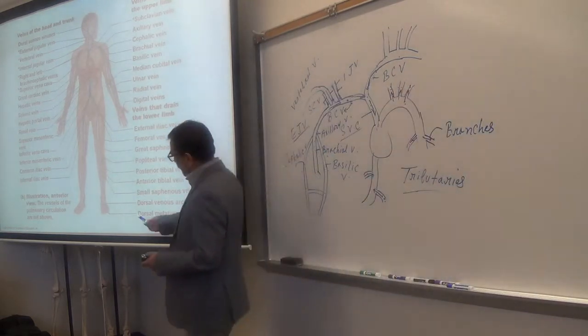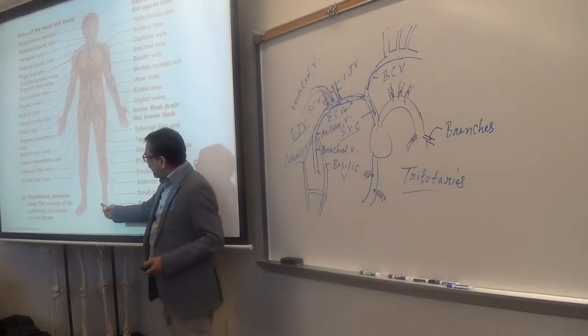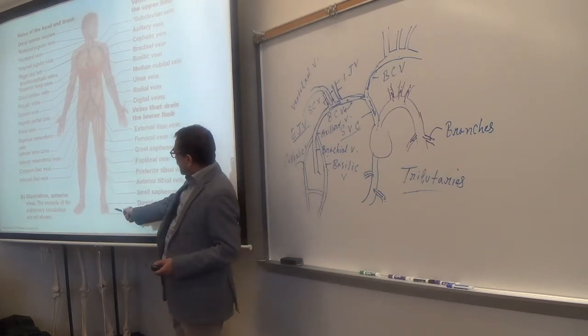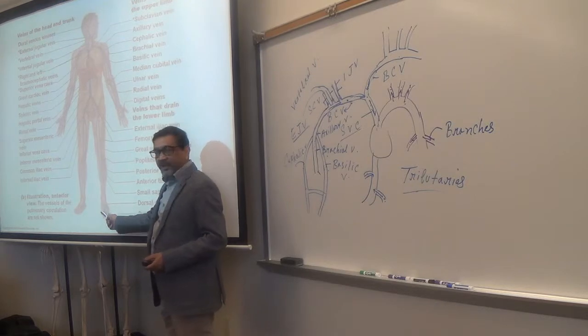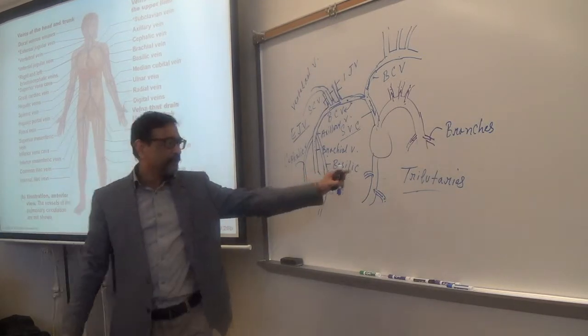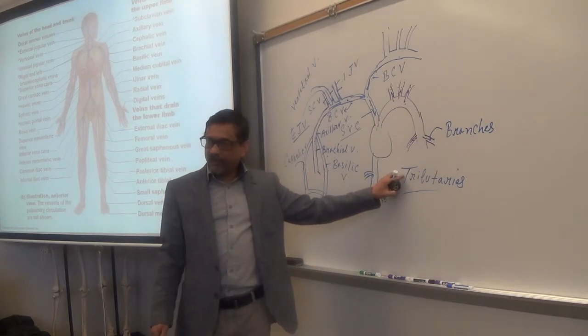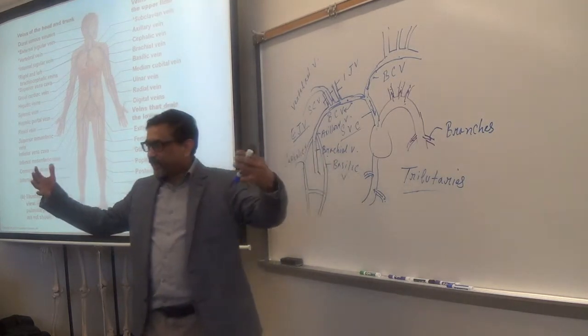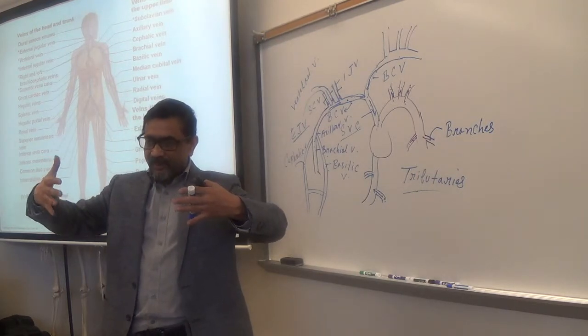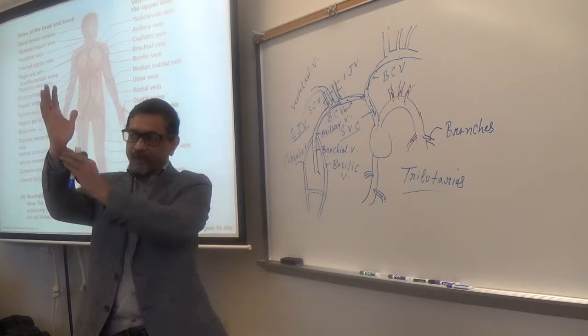And in the foot, you see they form arches. So again, I'm reminding you that in the venous system, the branches are called what? Tributaries. So tributaries give blood to the larger veins. Like these are tributaries giving blood to this large vein.